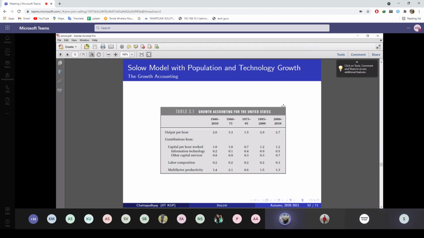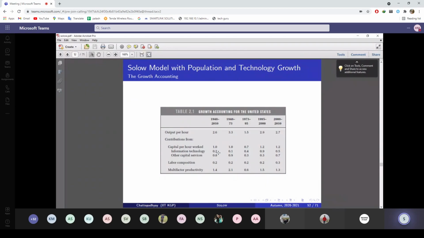Okay, so this is briefly about it, and people actually spend a lot of time on this particular table. Let's say you see over here, the contribution of capital has really fallen in the period 1970 to 95 in USA.